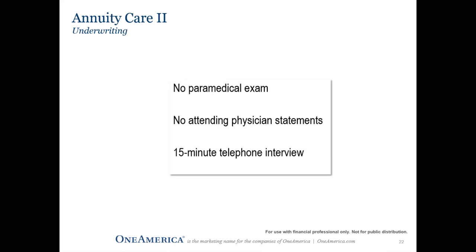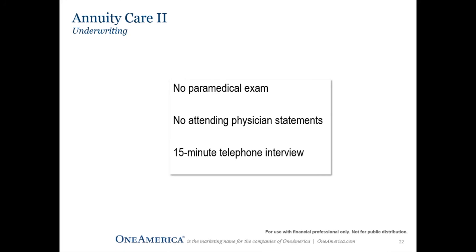And in fact, I say this a bit tongue-in-cheek, but I make a pretty good living off of other carriers' decline into this product, Annuity Care 2, because the threshold of underwriting is very, very low. Especially as it compares to a life insurance-based concept, there's no mortality exposure here. This is all long-term care exposure.